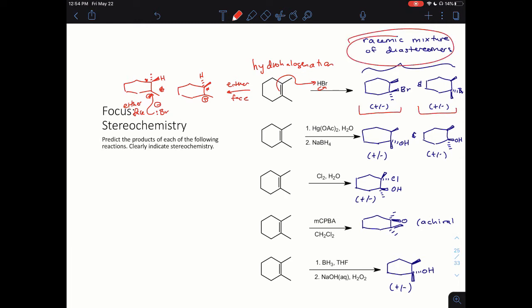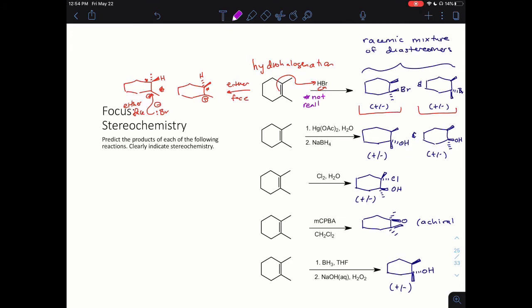So basically, HX addition is just a mess. There's no stereoselectivity for this reaction. Bummer. There might be a little bit of stereoselectivity, but it's definitely not stereospecific, and it's not useful stereoselectivity. So let's just say not stereoselective.